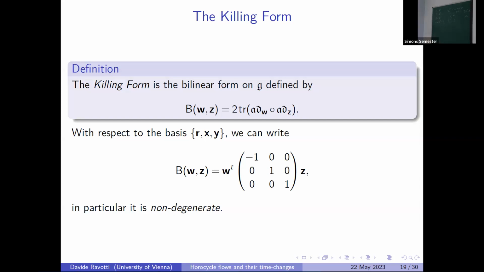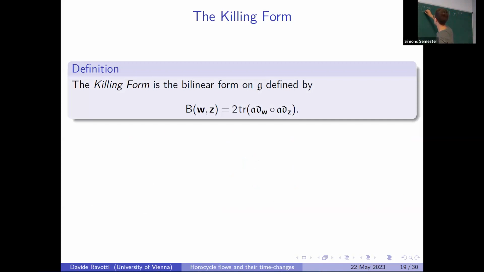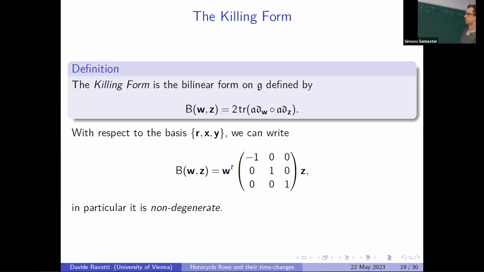X was the matrix 1/2, 0, 0, -1/2. And Y was the matrix 0, 1/2, 1/2, 0. So with respect to this basis, we computed what this Killing form is, and we found out it's in a nice diagonal form. In particular, it's of signature (1, 2), and it's non-degenerate.